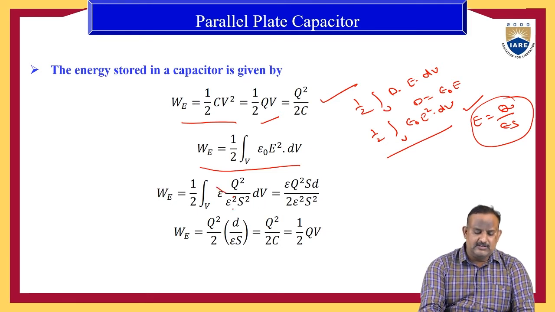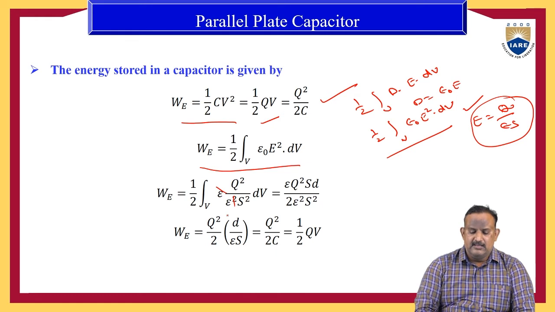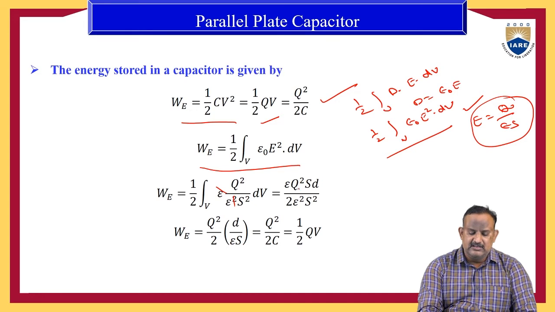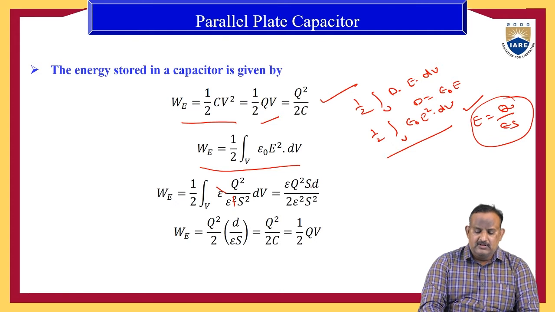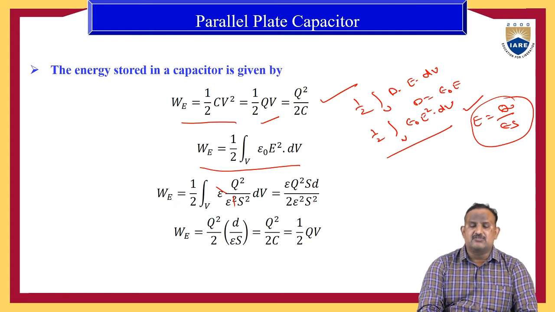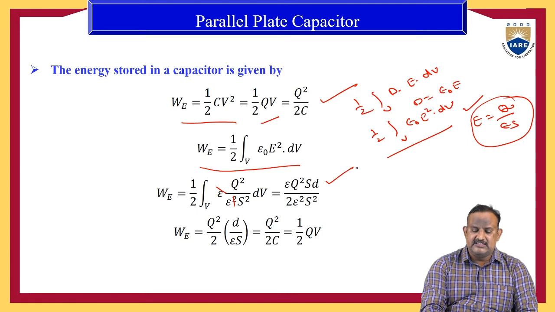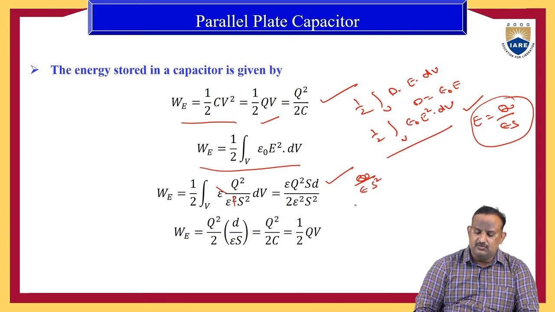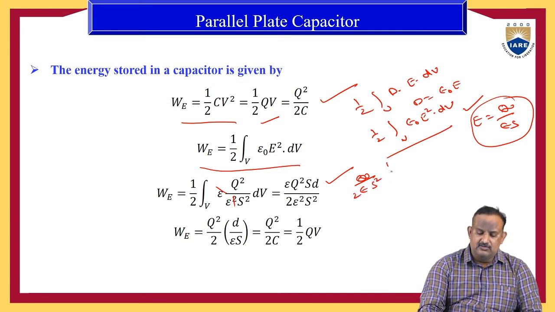Here epsilon cancels, and if we integrate, it is Q square by 2 epsilon into 1 by S square into dV, because the volume of the capacitor is S into d.